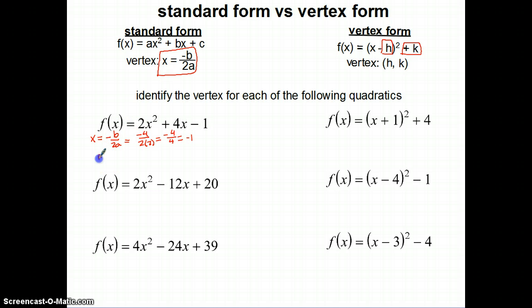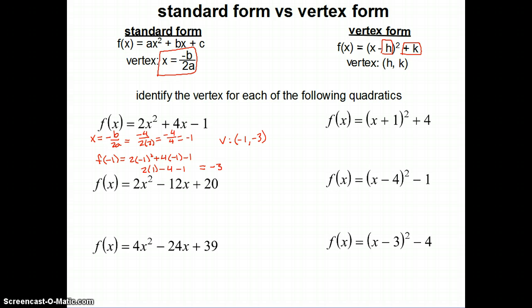I now plug that in to find the y value. f of negative 1 is 2 times negative 1 squared plus 4 times negative 1 minus 1. Simplifying, I have 2 times 1 minus 4 minus 1, and you should end up with a negative 3. So your vertex is the point where x is negative 1 and y is negative 3.